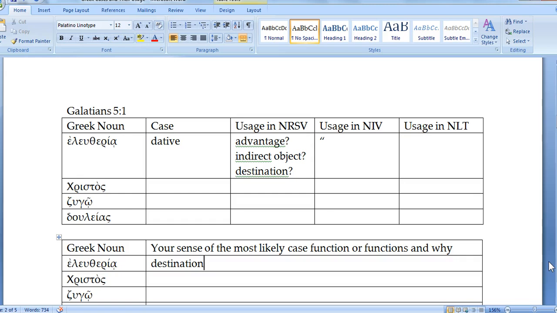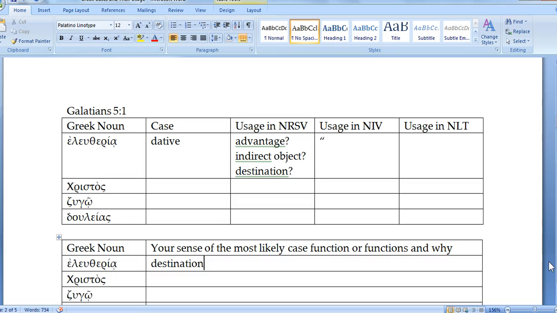It's also suggested by some commentators, and I have this in my handbook on this word, that we could think about this as a dative of purpose, which is really not a major category for the dative at all in Greek, although it is better attested in Latin.